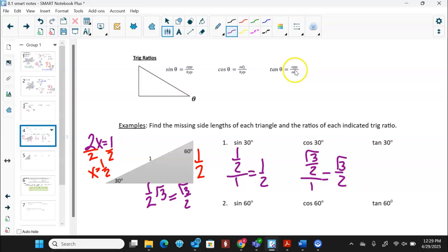Tangent. Remember, the tangent is opposite over adjacent. It does not include the hypotenuse. So opposite, which is 1/2, over adjacent, which is root 3 over 2. Now, of course, you got to keep, change, flip. So let me move this.